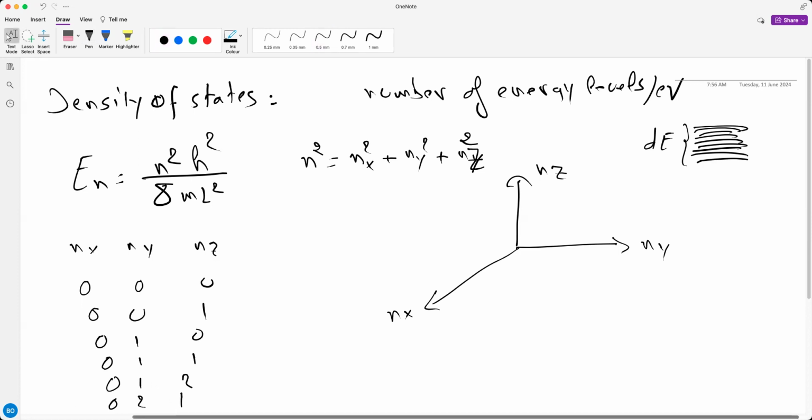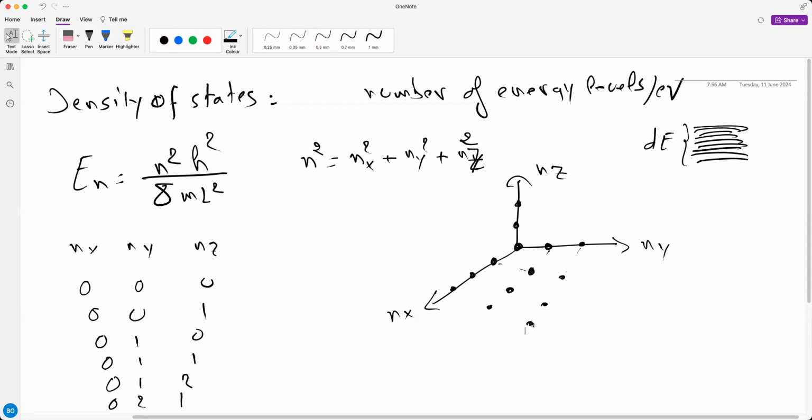So all the combinations of integer values. I will have a point here, a point here, a point here. Any combination of this, I will have a state.